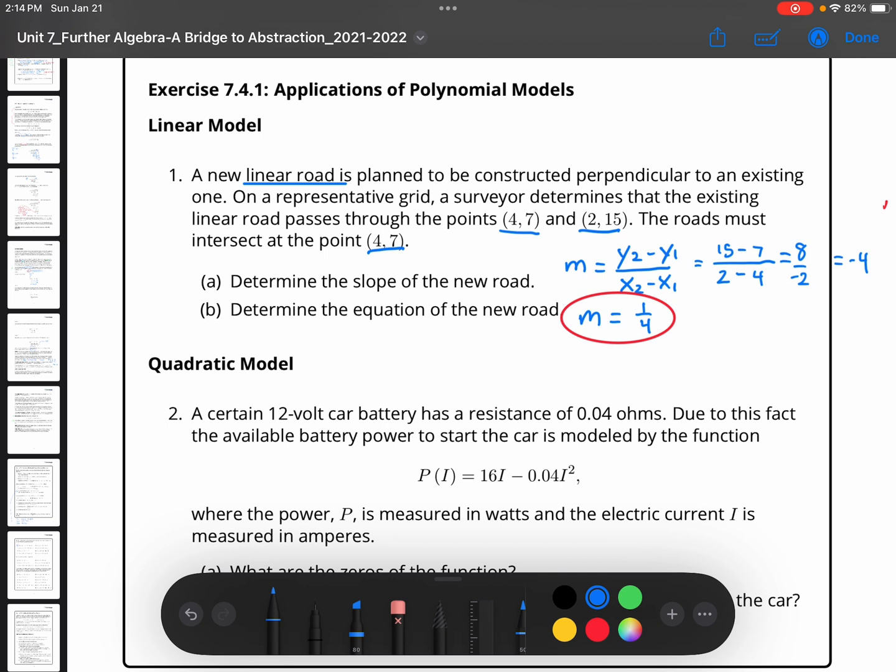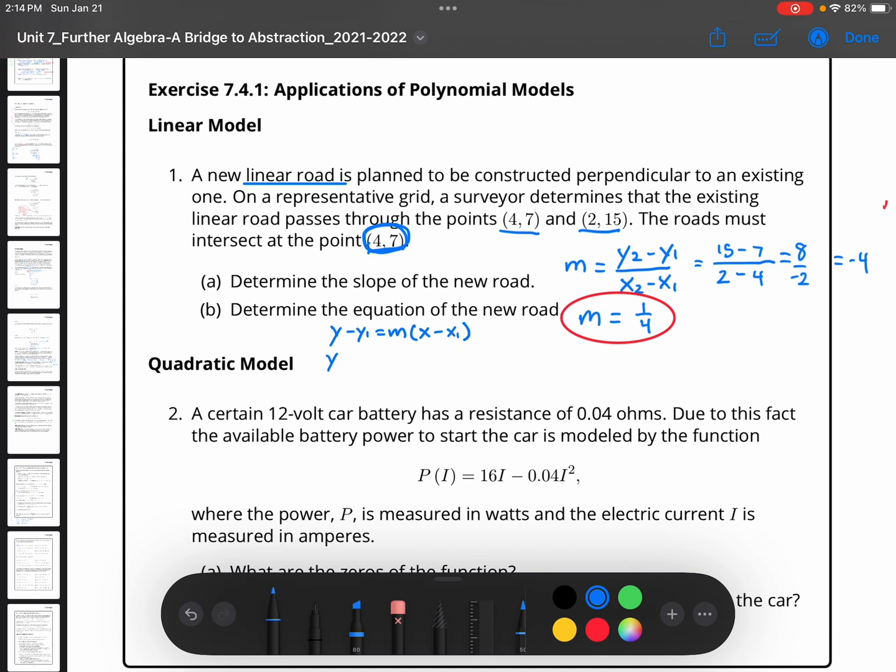On part B, when it says to determine the equation of the new road, notice that it must intersect at the point (4, 7). So if you remember, I have a formula that's called the point slope formula, where the only thing you need to plug in is the slope and the point, as the name implies.